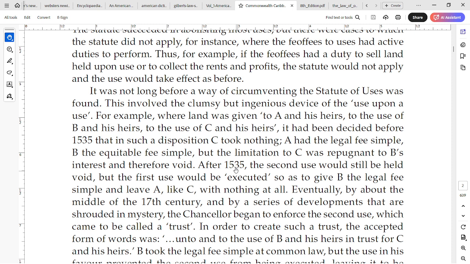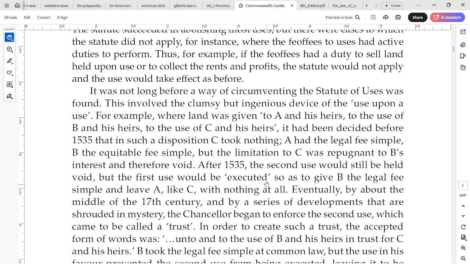So after 1535, the Statute of Uses, the second use, remember we said they created a use upon a use to circumvent it, and the second use was still held void because remember I said that at common law, during that period, there was just common law, execution on the law, cross your T's, dot your I's. They only recognize the legal title. So the second use was still held void, but the first use would be executed.